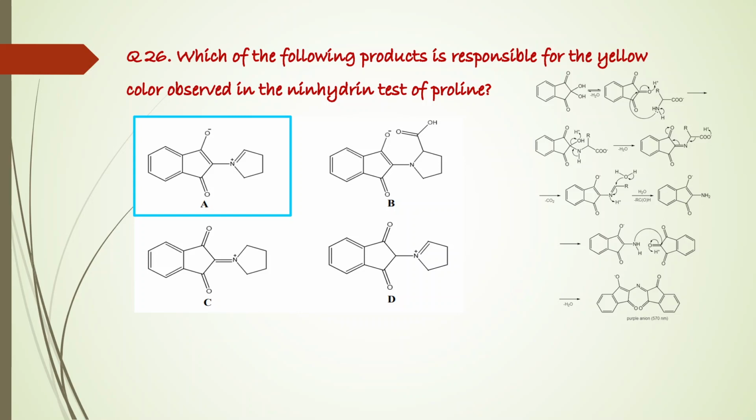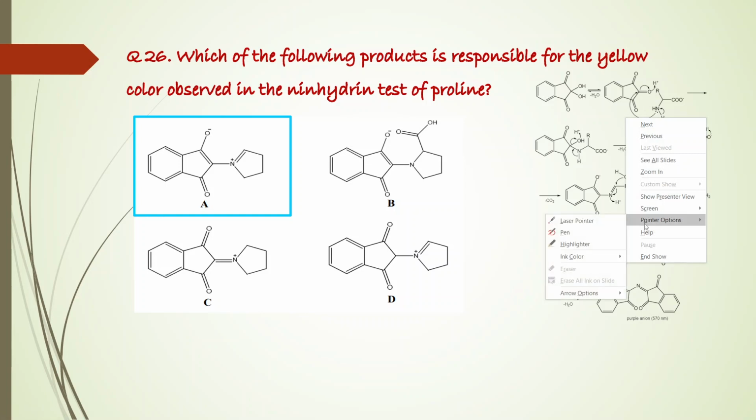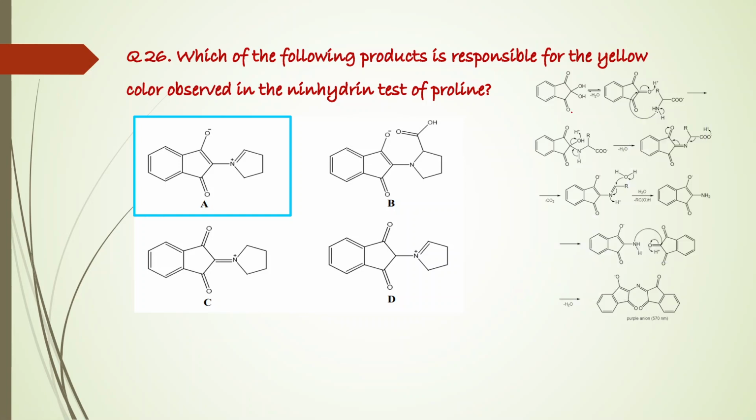So this is your ninhydrin. It is interacting with your amino acid here. This is the whole mechanism. Yes, this is the entire mechanism. So this is your ninhydrin and this is your amino acid. Via this mechanism, the entire reaction is happening and ending up with this end product which is purple in color.